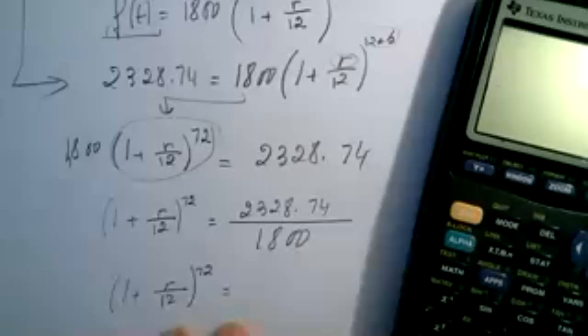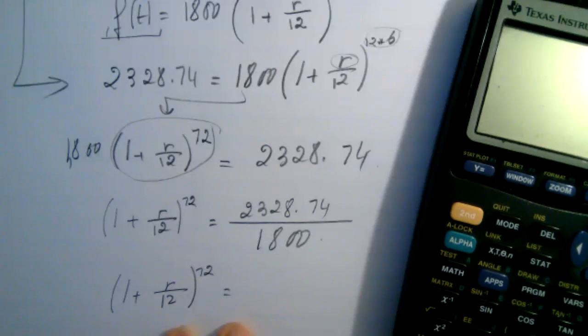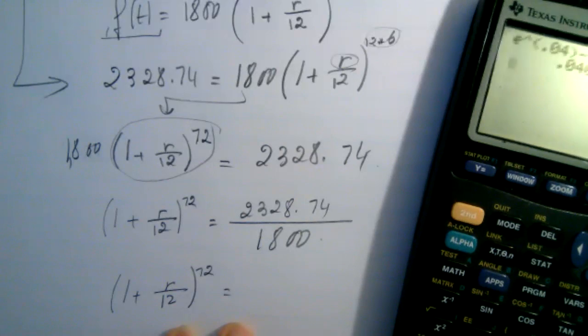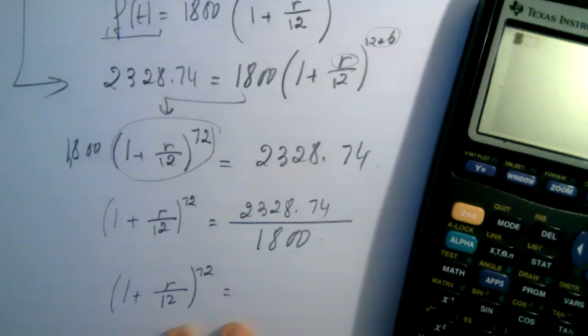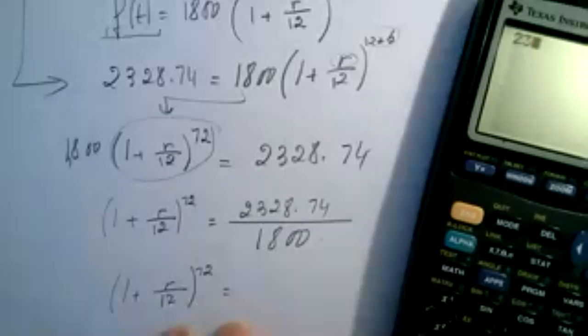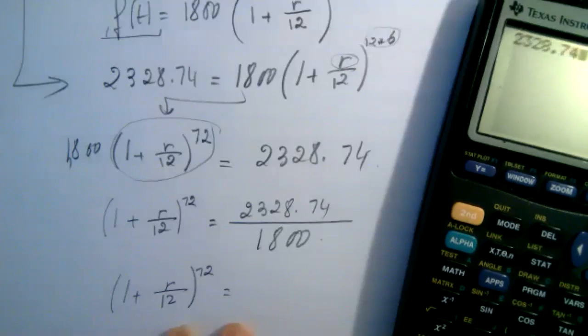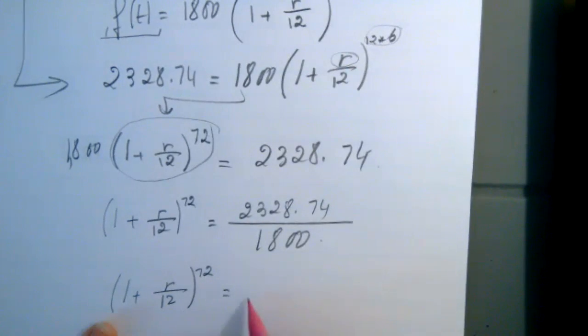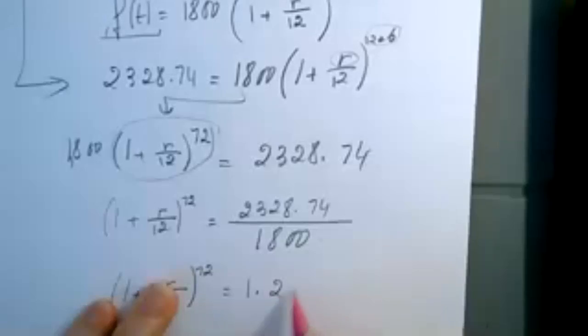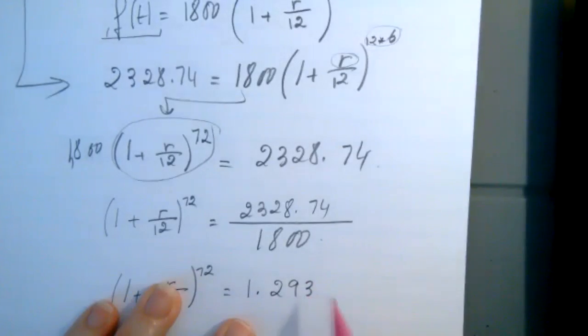So I'm going to take 2,328.74 and divide this by 1,800, and I'm getting 1.2937.